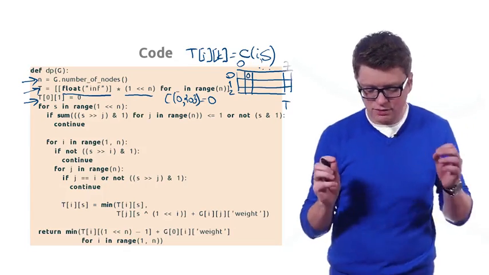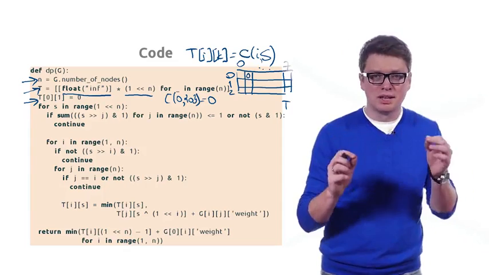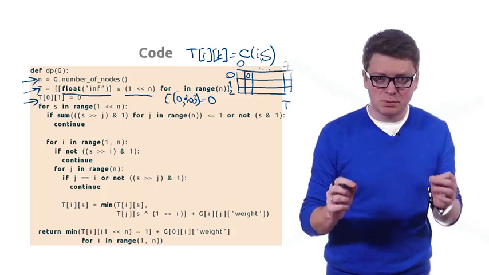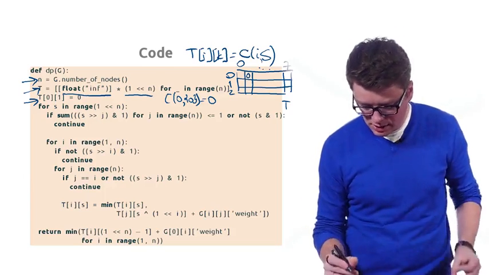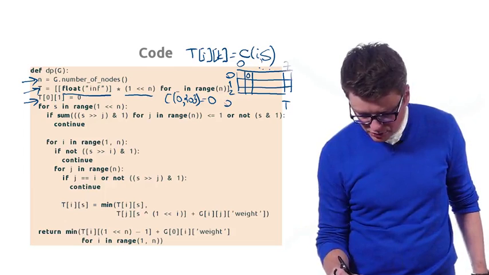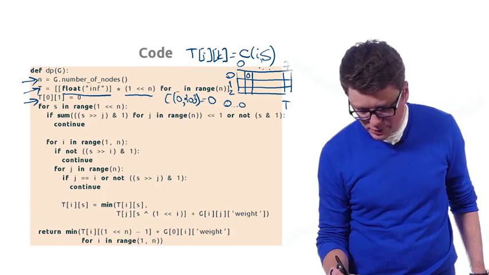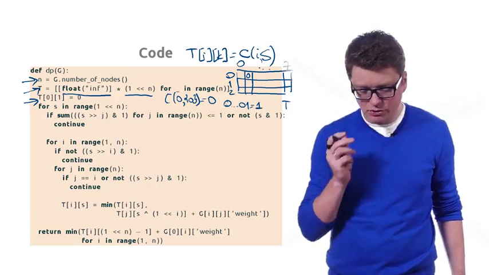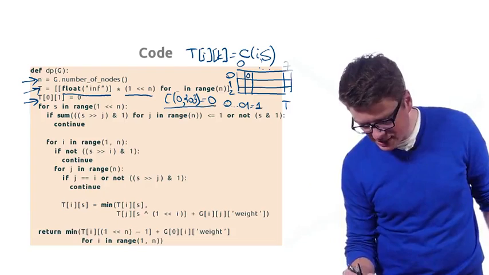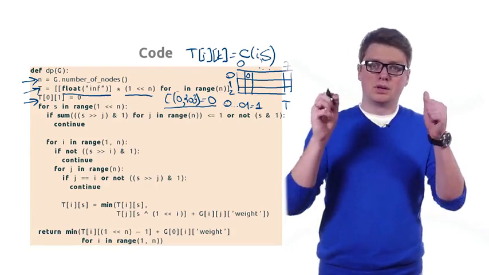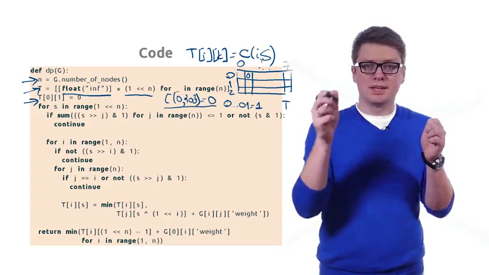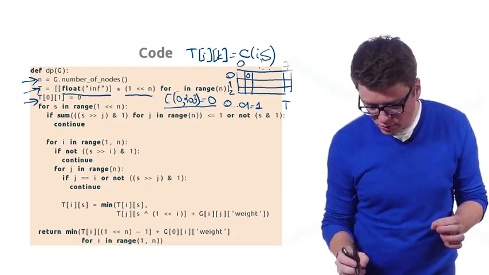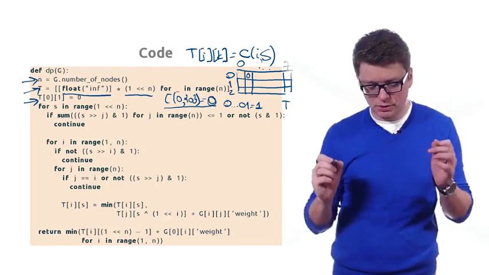Recall that the corresponding number is 1, because this is just a number whose binary representation has zeros everywhere except in the zeroth position, right? And this is 1 in decimal representation. This reflects the fact that if we need to start in the node 0 and then visit only the node 0 and no other nodes, then we do not need to pay anything. So it is just equal to 0.